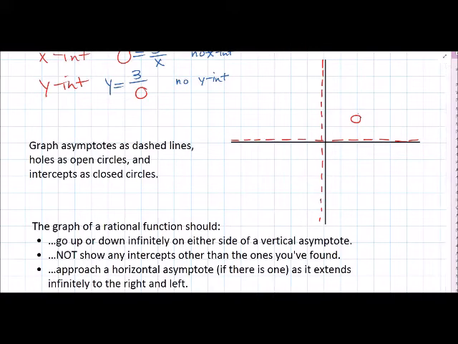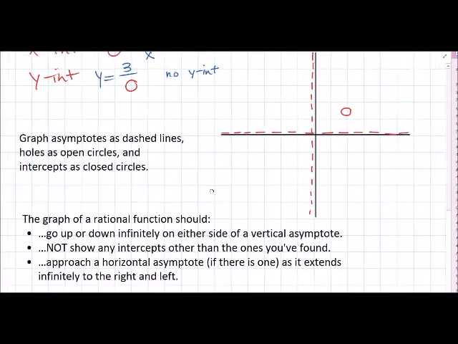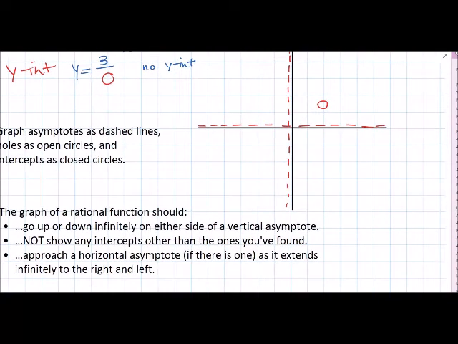So now we have to fill in the rest of the graph. I don't have any x or y intercepts, but if I did, I would have graphed those as closed circles on the x or y axis as appropriate. The rest of this may feel a little like faking to you, but I do know that what's supposed to happen on both sides of a vertical asymptote is that the graph is supposed to go up or down infinitely on either side.